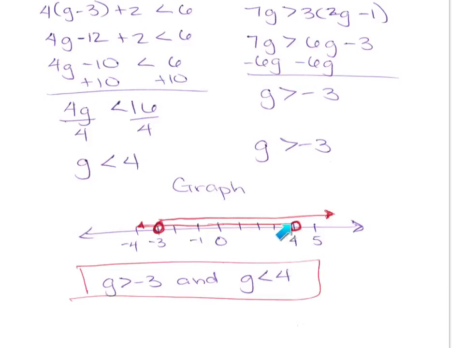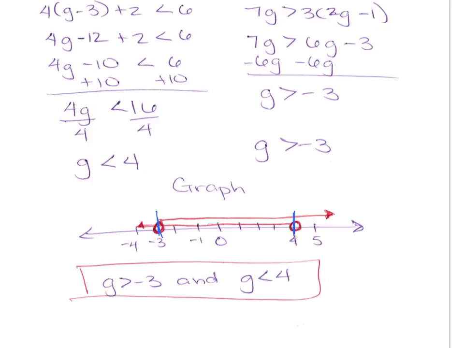We use a hollow circle because it's just less than, so the arrowhead points to the left. We have G is greater than negative 3. There's negative 3 right there. We're using a hollow point again because it's just greater than, and you can see that the arrowhead points to the right. The overlap happens right here, from here to here.